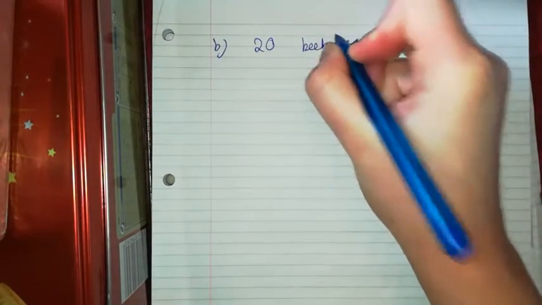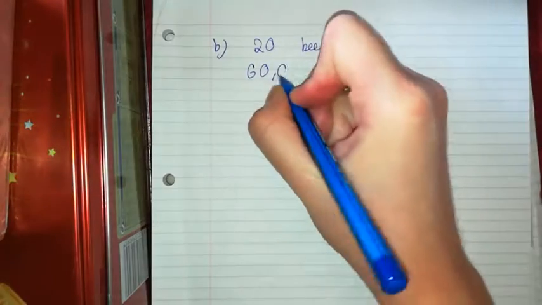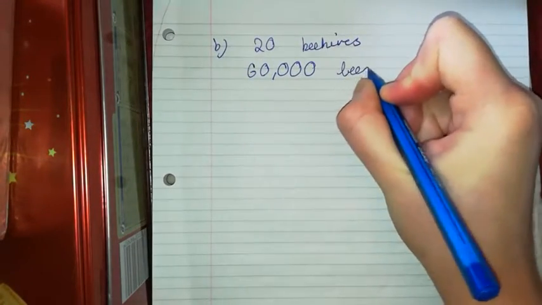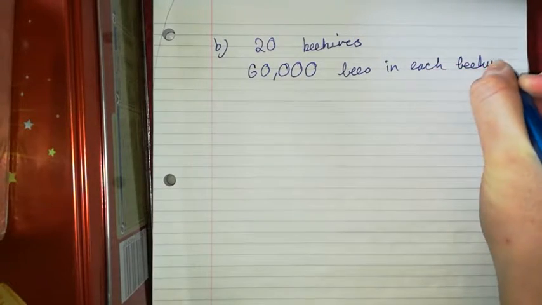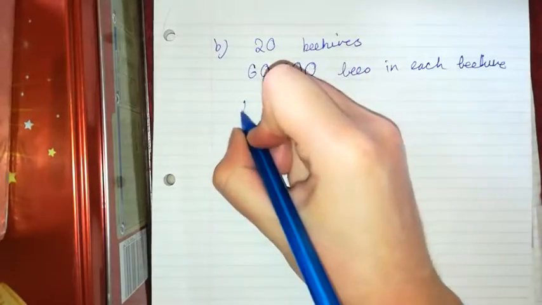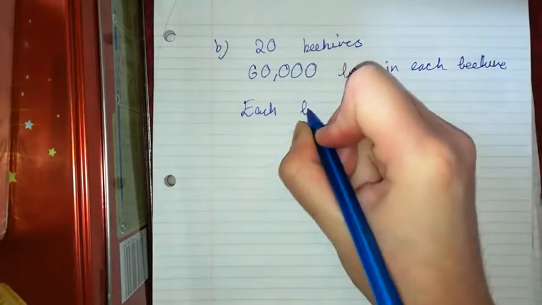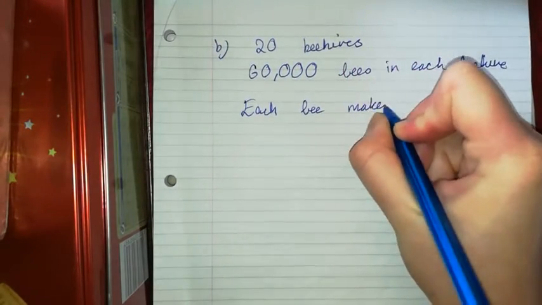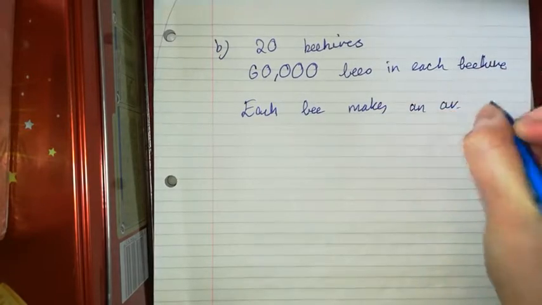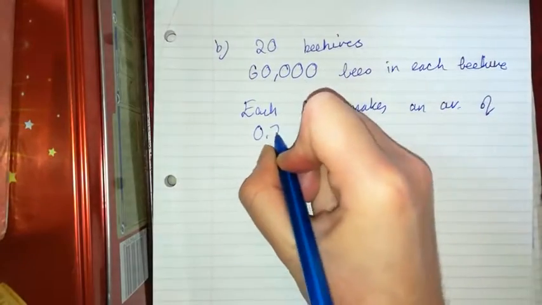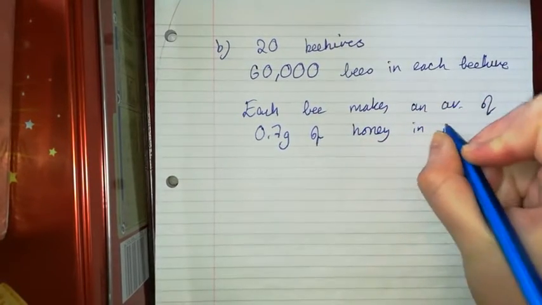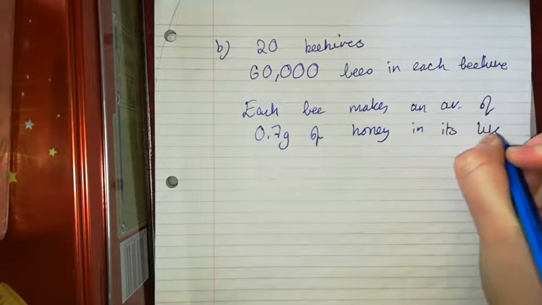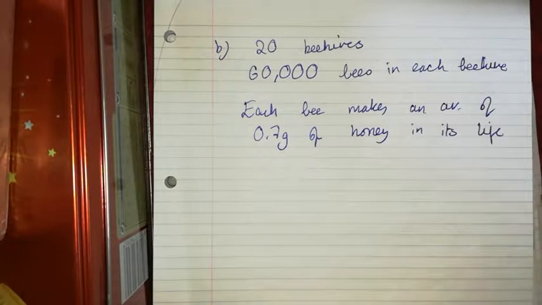She has 60,000 bees in each beehive, and each bee makes an average of 0.7 grams of honey in its life. Find how many grams of honey are made in total by the bees in these 20 beehives.